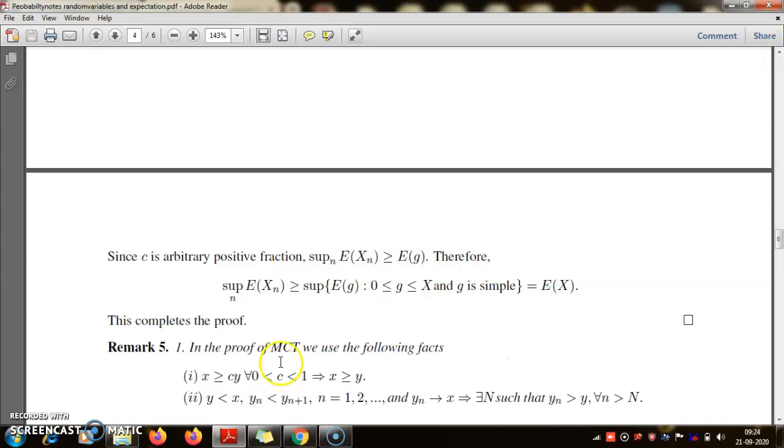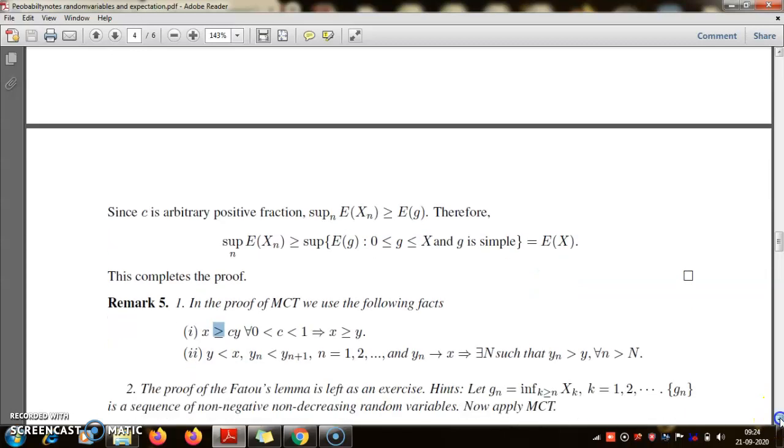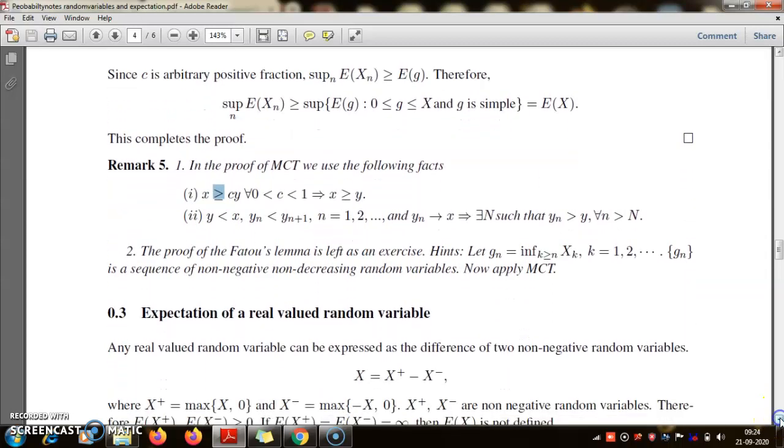Here is the logic: suppose x and y are two numbers such that x is less than or equal to y for every c between 0 and 1, then definitely x is less than or equal to y. I leave it as an exercise for you to verify this. I have used that here. So this completes the other side of the proof, and you get the monotone convergence theorem.